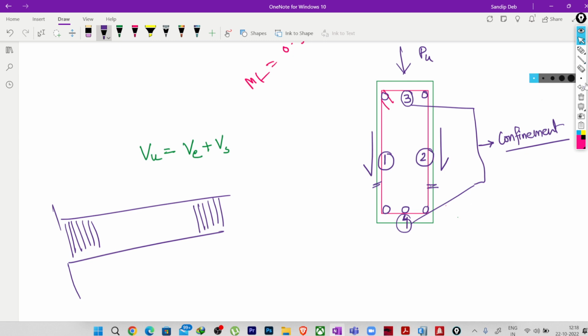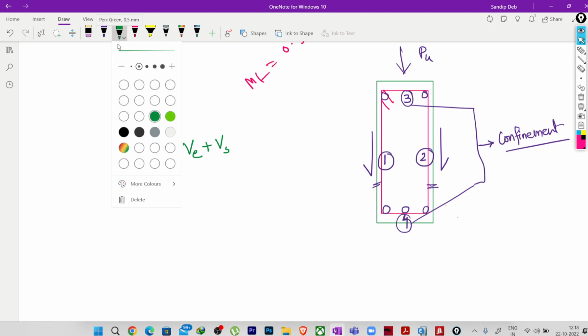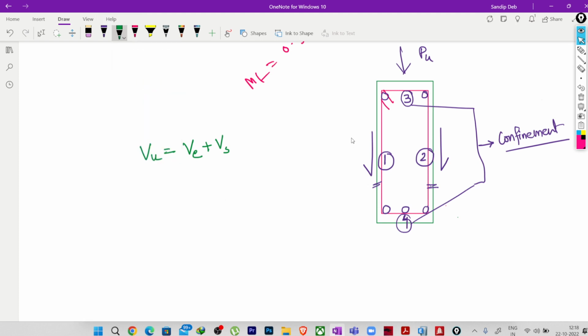Now if we are talking about shear design, we expect that the shear force VU that we are getting here will be taken by the concrete, and also by the stirrups that we are providing here, that means these two legs.